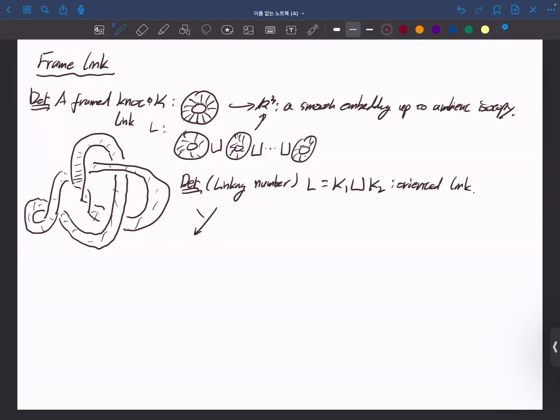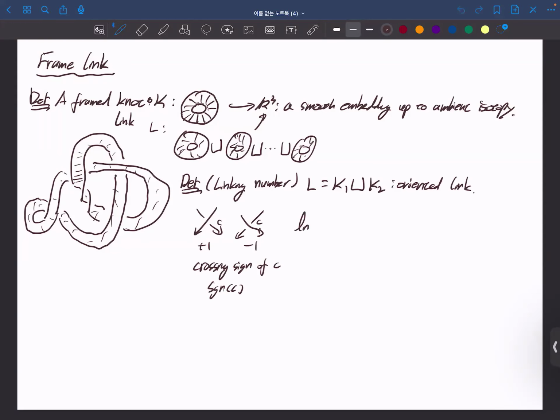Then for a crossing, maybe you remember we can give a sign +1 or -1, which is called the crossing sign of a crossing C, and we denote it as sign(C).